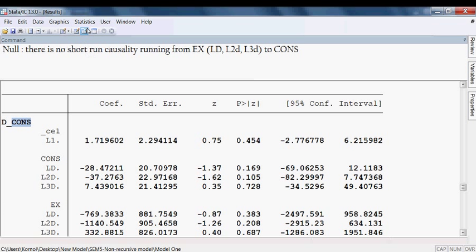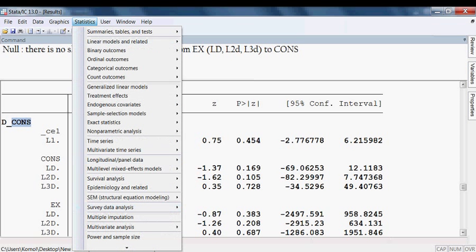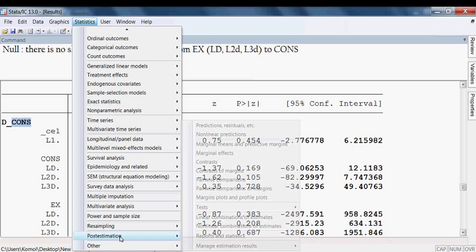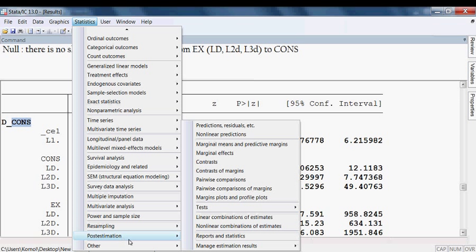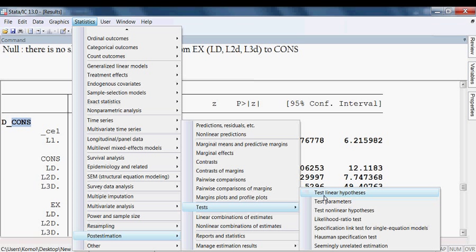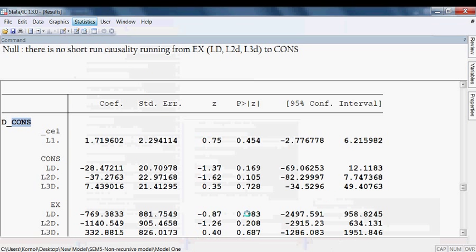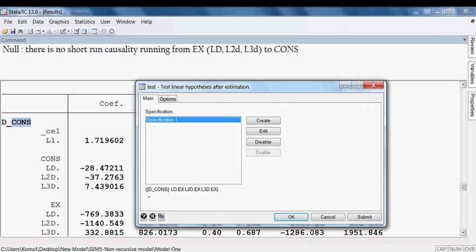Okay, so as before, I go to statistics, then post estimation, then test, then linear test linear hypothesis. Then I make it reset, I select R, meaning resetting the whole thing.